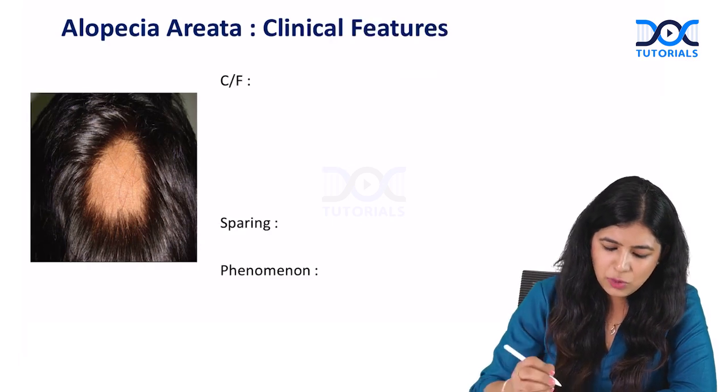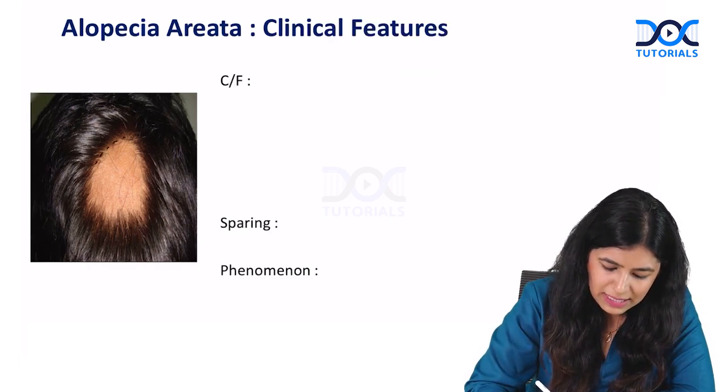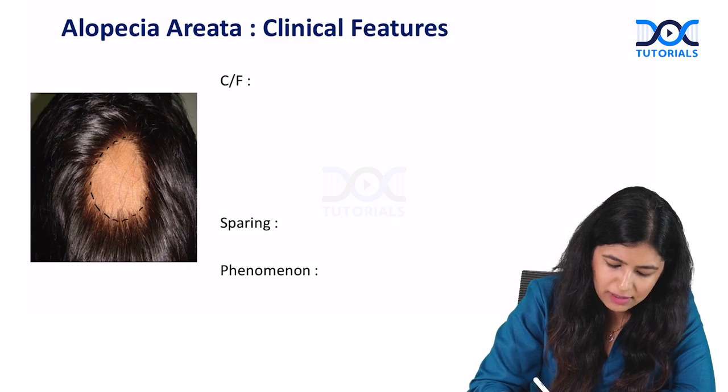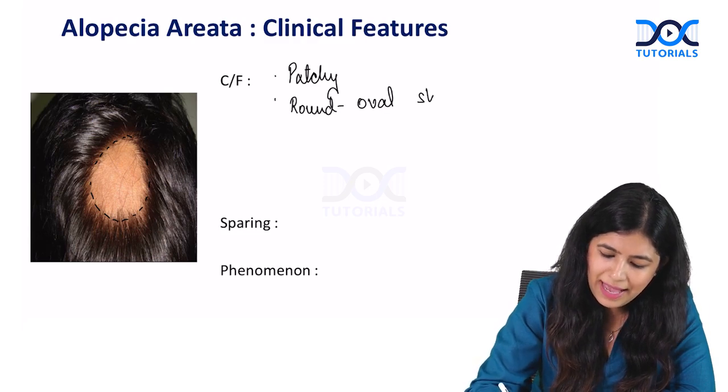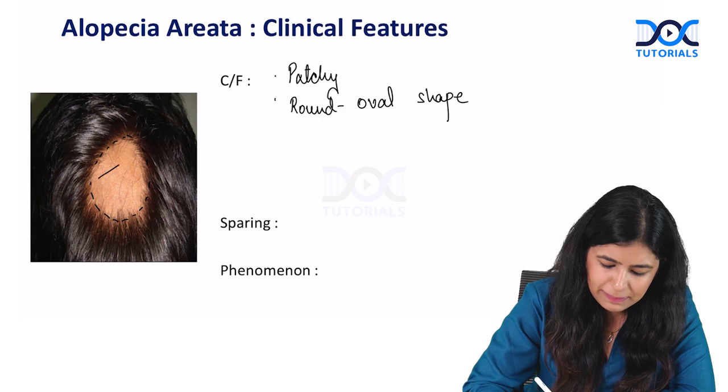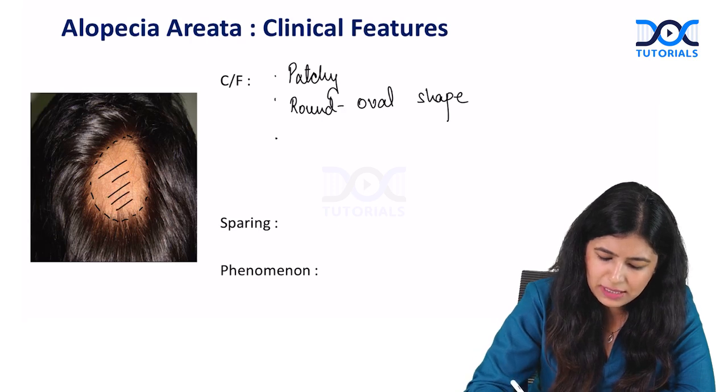And what does it lead to? It leads to this type of patchy hair loss, which is round to oval in shape, and there is a complete alopecia in the patch.